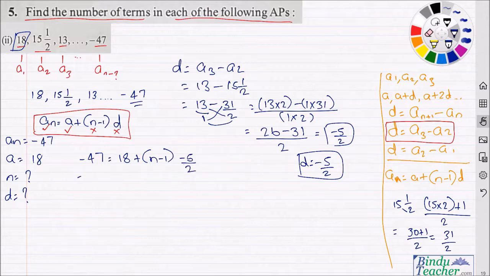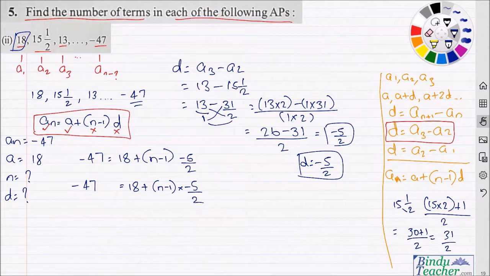Okay, now let's simplify this equation. Actually, let me erase this. I'll write it again. Minus 47 equals 18 plus n minus 1 into minus 5 by 2.